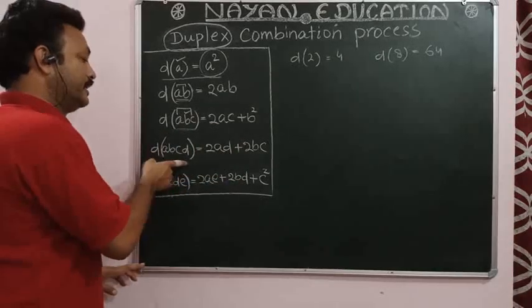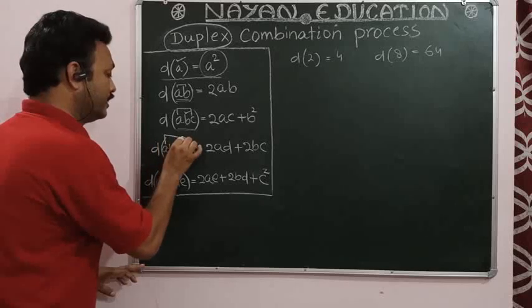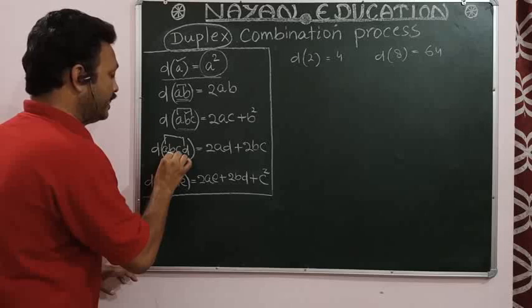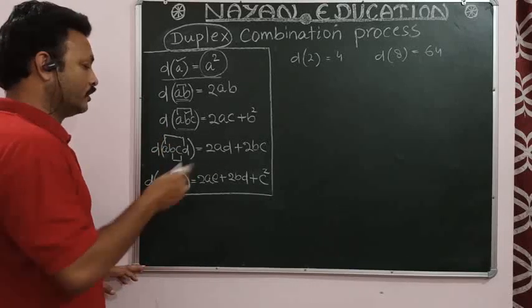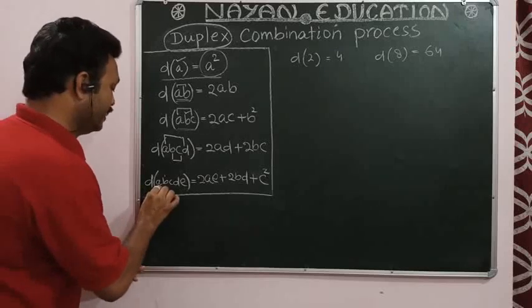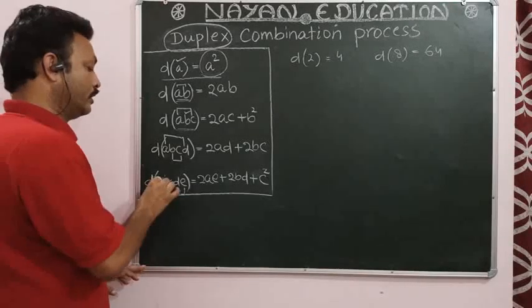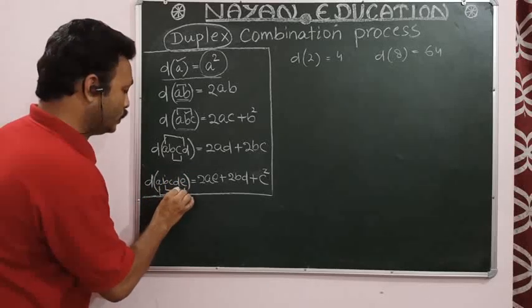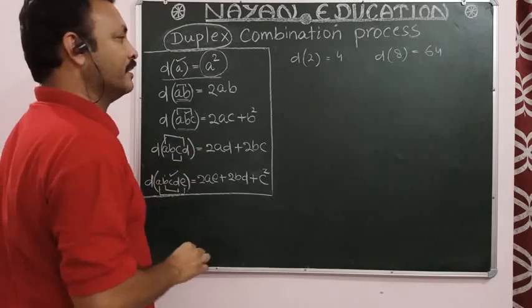In a four digit number, the duplex is the product of the pair of terminal terms into 2 plus the product of the pair of middle terms into 2. So the duplex of a 5 digit number is 2 into AE, the product of the two terminal numbers, then the product of the next two numbers into 2, plus the square of the middle number.